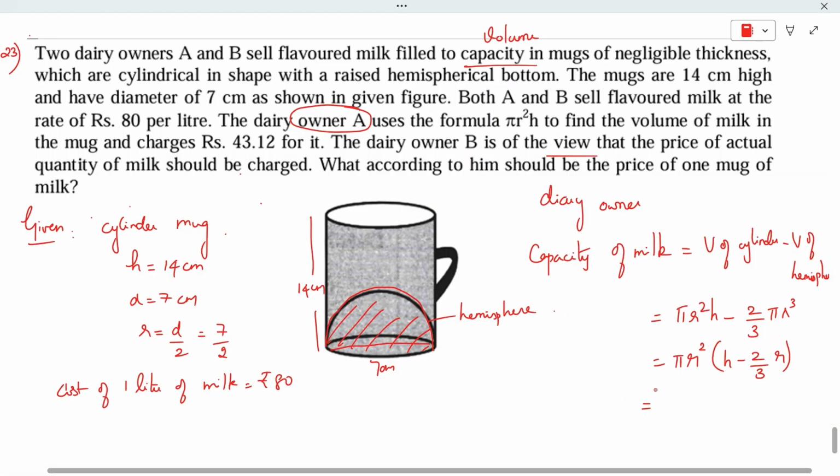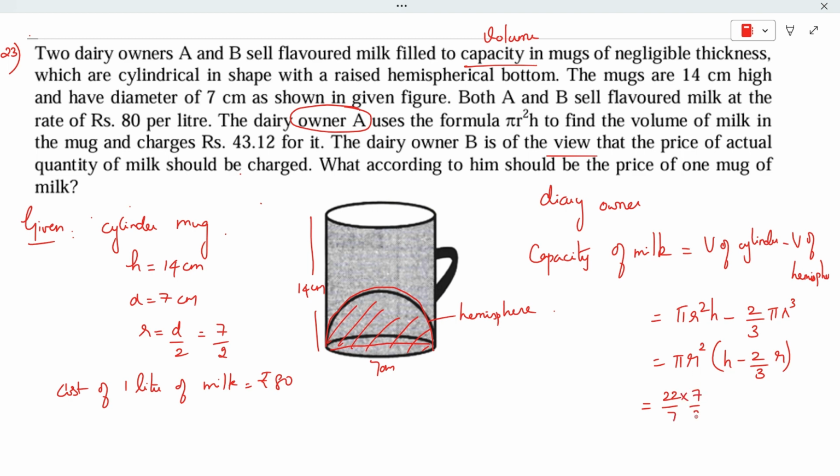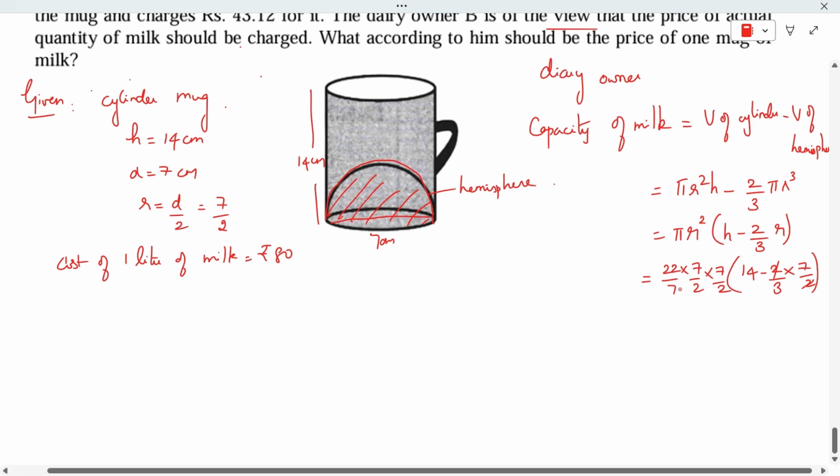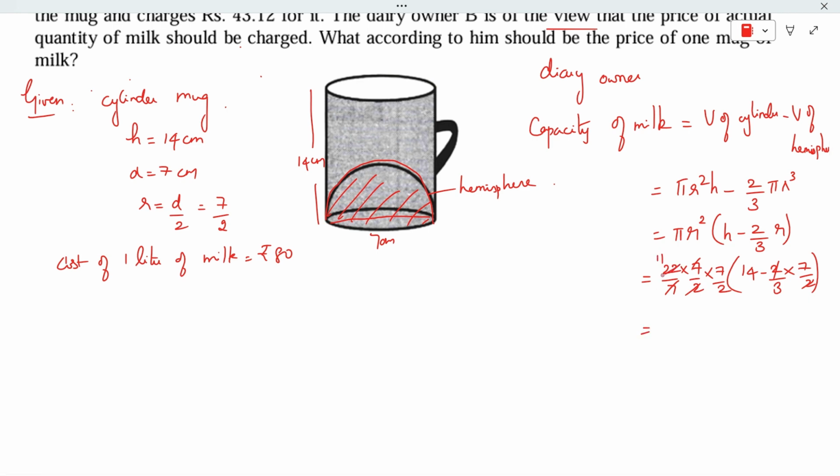So I'm going to substitute the values: 22 by 7 into r squared is 7 by 2 times 7 by 2, h is 14 minus 2 by 3 times r is 7 by 2. So I'm cancelling 2 and 2, and 7 and 7, and 22 is 11 times. So the remaining will be 77 by 2 times, inside the bracket, 14 minus 7 by 3.